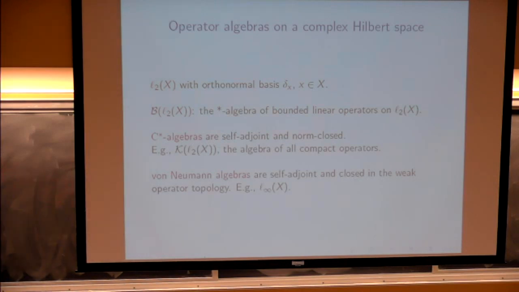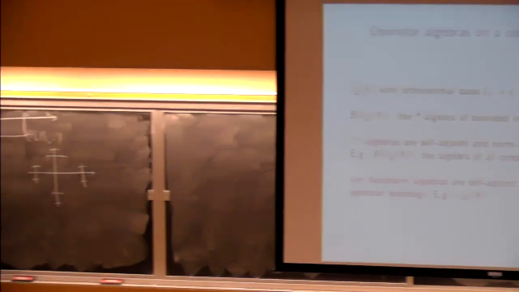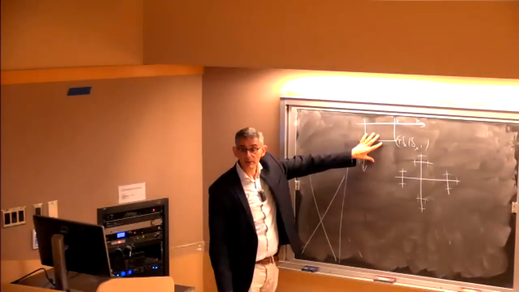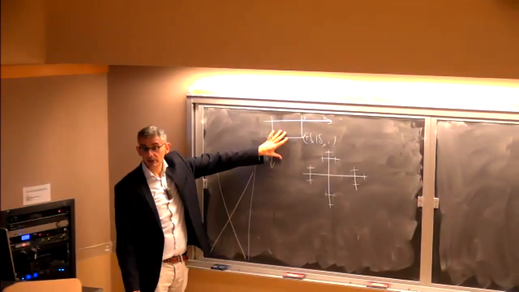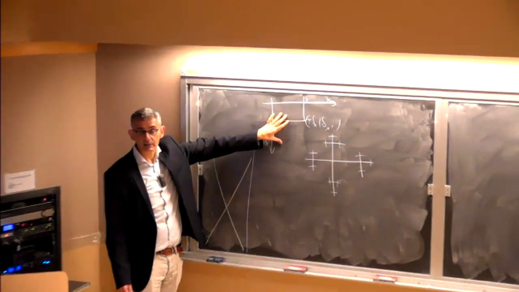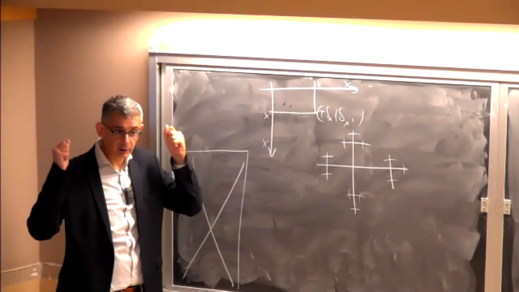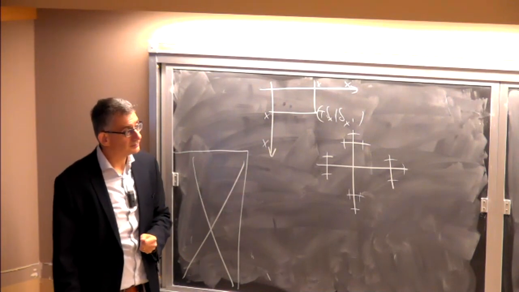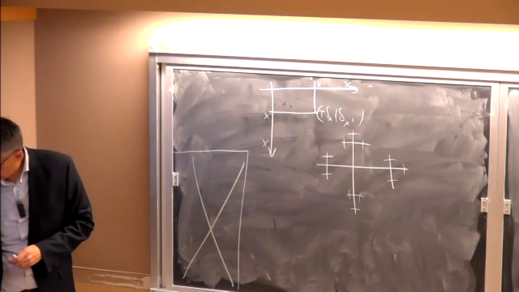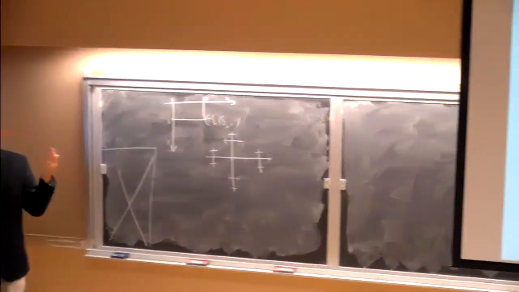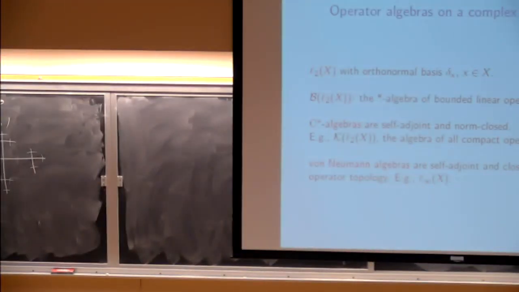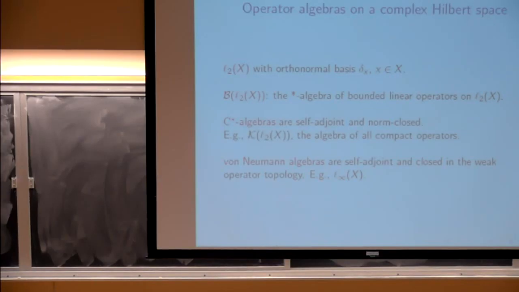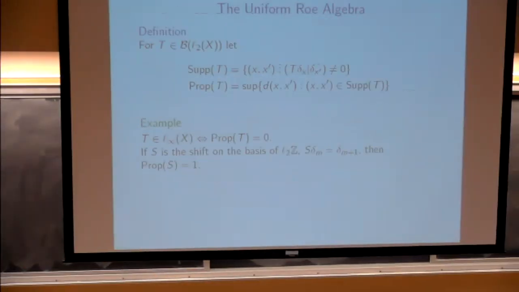One easy way to think about the weak operator topology is that it's really pointwise convergence of these matrix coefficients. So a net converges to an operator if and only if all the matrix coefficients converge pointwise.